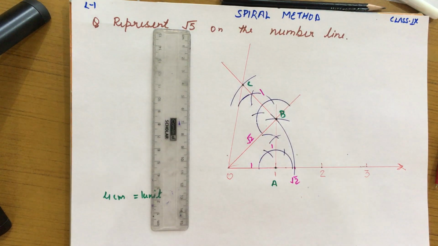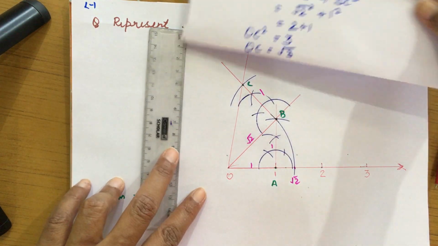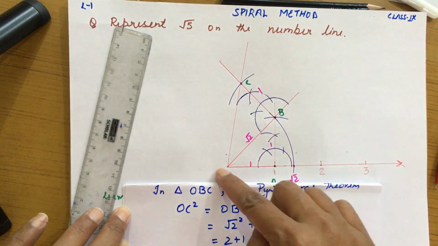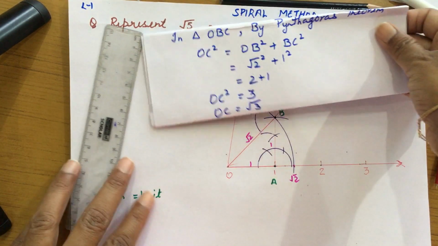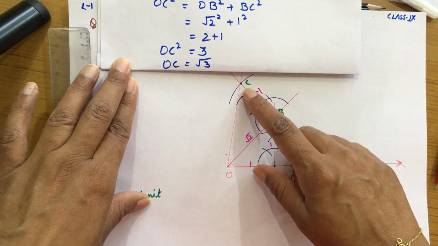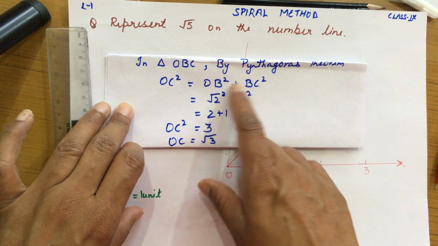Then by Pythagoras theorem, if you are applying in OBC, you can say OBC is my right angle triangle, and then OC square equals OB square plus BC square. I have written the same thing.